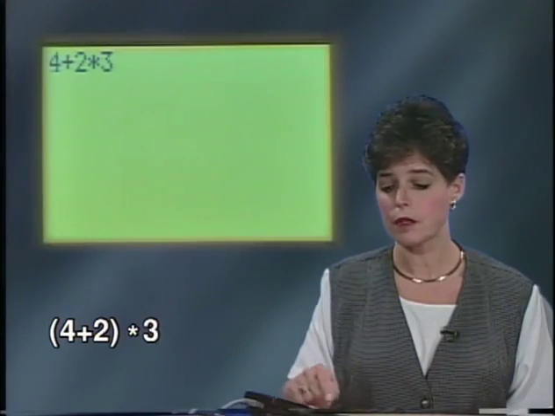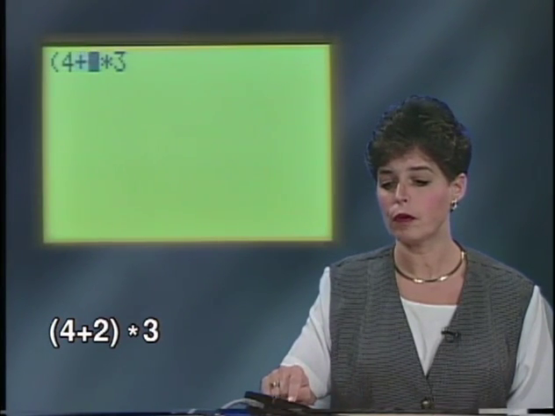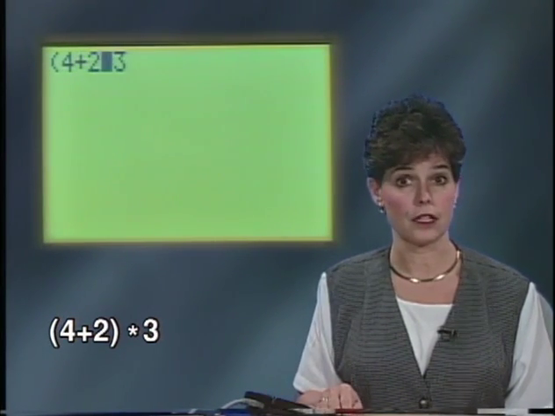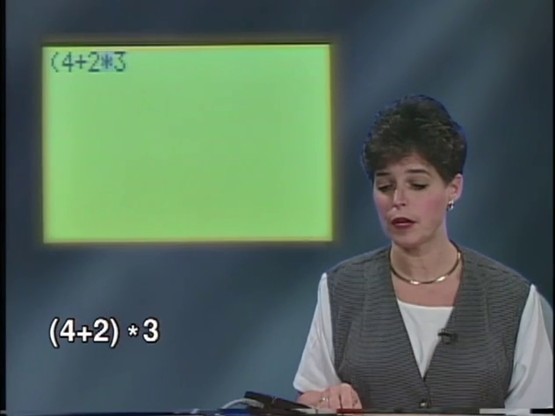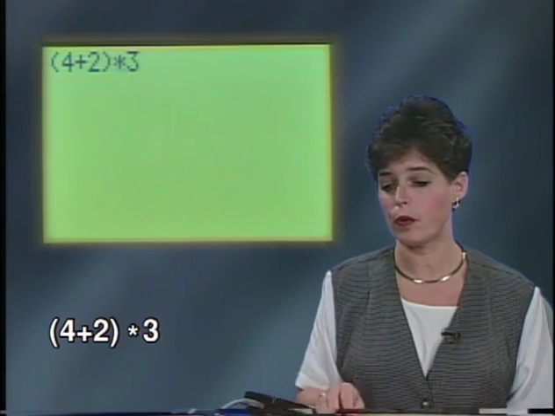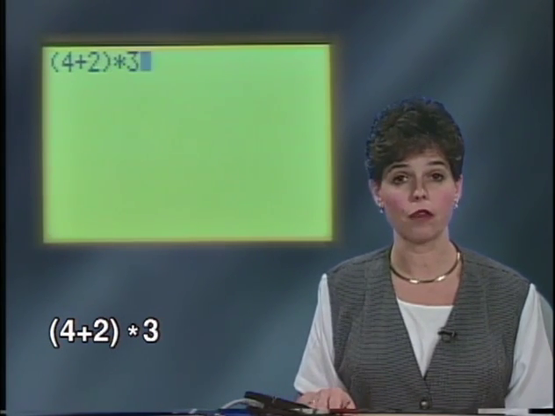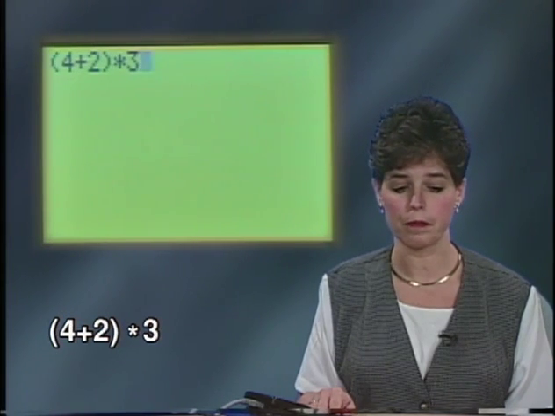Now I can press my left parenthesis. Now I will arrow over, putting my cursor on top of the multiplication symbol, and I'm going to insert my right parenthesis. Now arrowing over, I see that I actually have the problem that I had talked about doing.